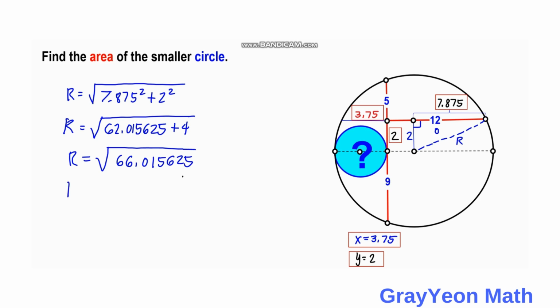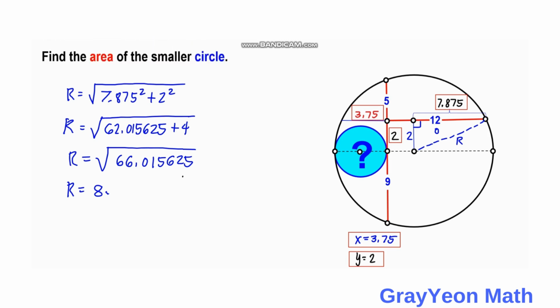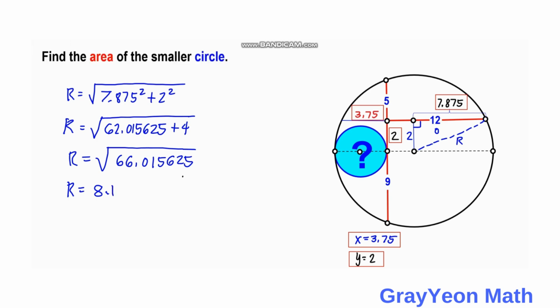If we get the square root of that, we will have 8.125 units.